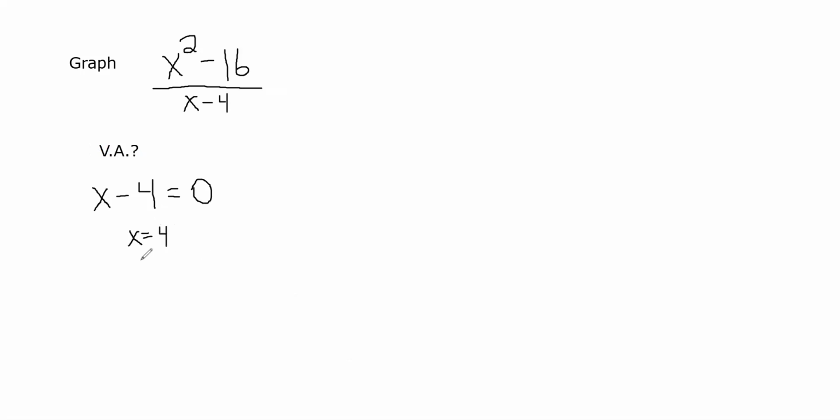So we would think this is a vertical asymptote, but we need to make sure it's not a hole. We do that by plugging this value into the numerator. We plug it into the numerator, and actually what we're going to find out is it will be a hole.